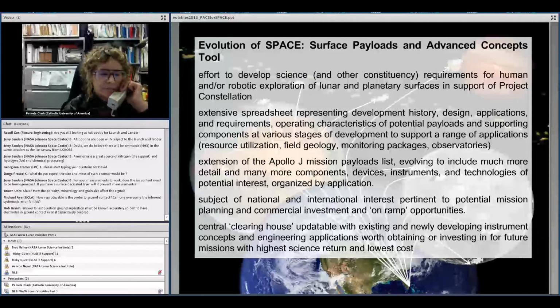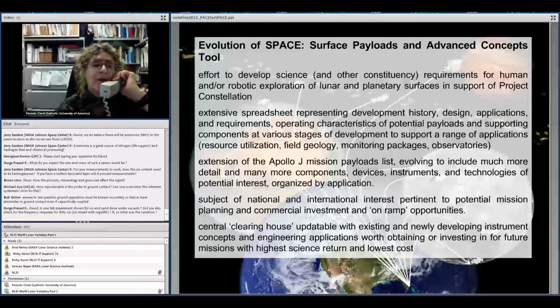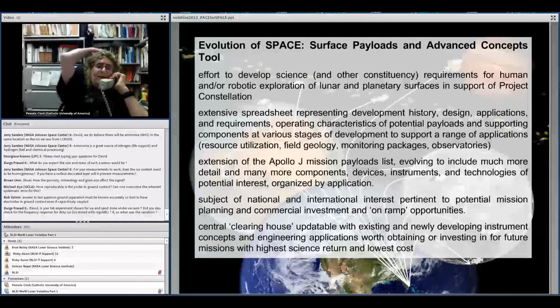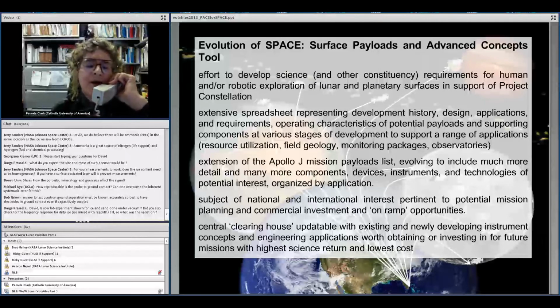And it's meant to be an extensive spreadsheet representing every aspect of each of the entries, which can include instruments or technologies, including their history, design, primary developers, applications, goals involved, nature of measurements, and requirements, and include a very wide range of instrumentation.